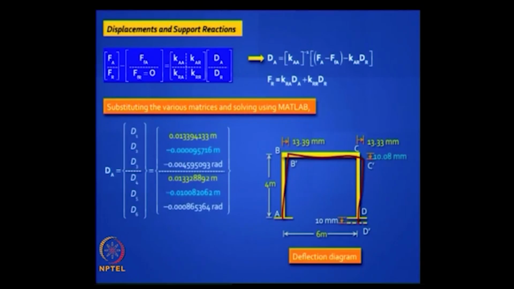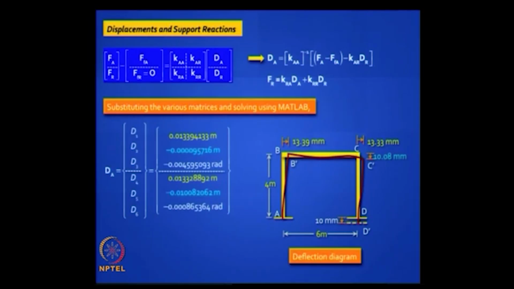D1 tells you that joint B is going to move to the right by 13.39 mm, that is okay, 13 mm is fine for a big structure like this. The right end will move 13.33, the little difference is because of the axial deformation in that member and a bit of rotation.